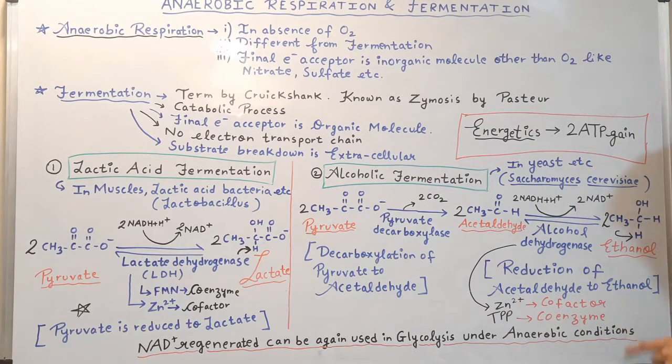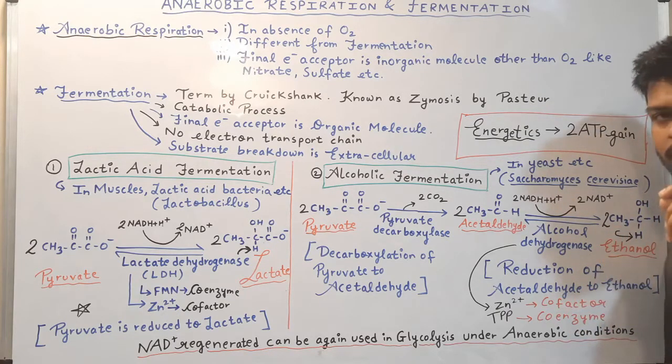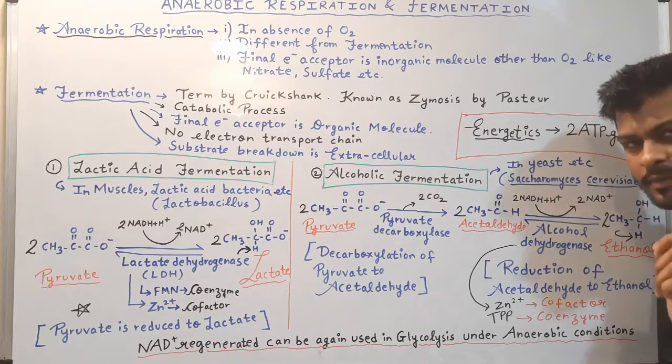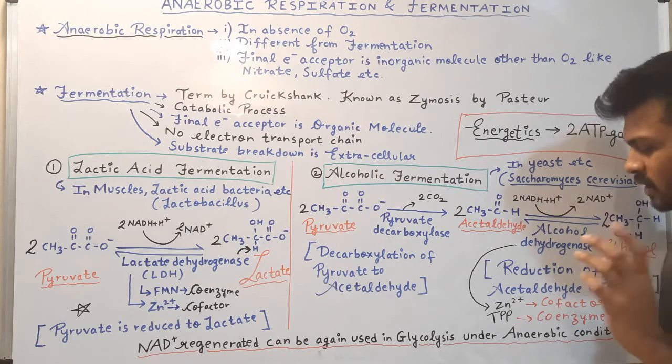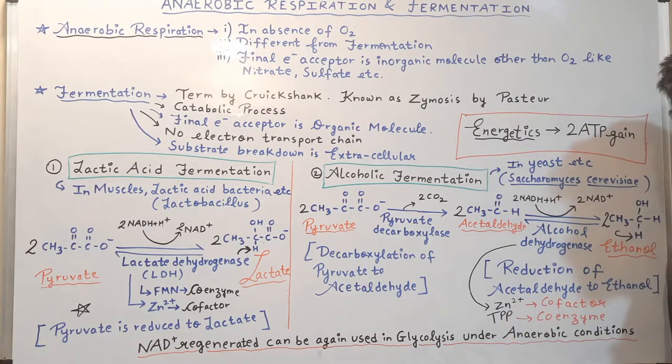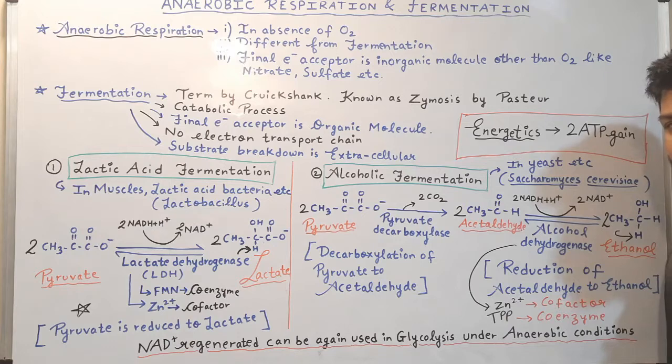In this case, the cofactor is zinc ion, and the coenzyme is TPP, thiamine pyrophosphate, which we studied while discussing the pyruvate dehydrogenase complex. The first enzyme in that complex, E1 or pyruvate dehydrogenase, also has TPP as a coenzyme. This is derived from thiamine or vitamin B1.